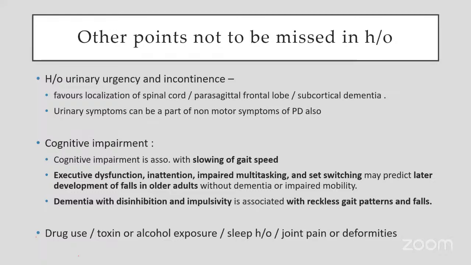Then, treatment-related fluctuations. Patients who have severe levodopa-induced dyskinesia can have falls because of the dyskinesias. Then, patients who are receiving sedative drugs can have falls because of those sedating drugs. Then again, autonomic dysfunction.